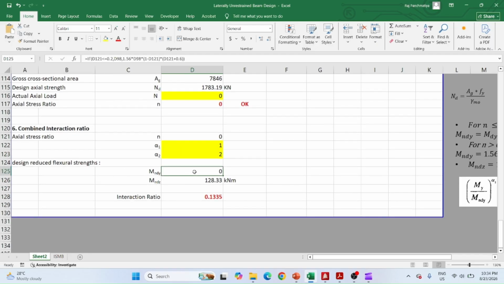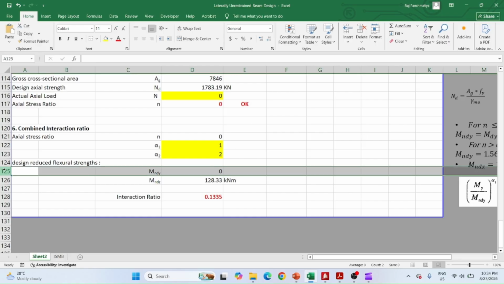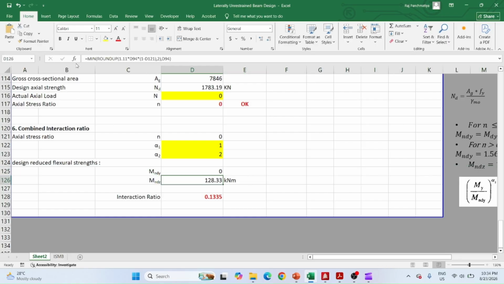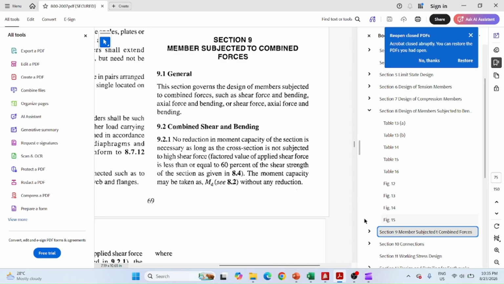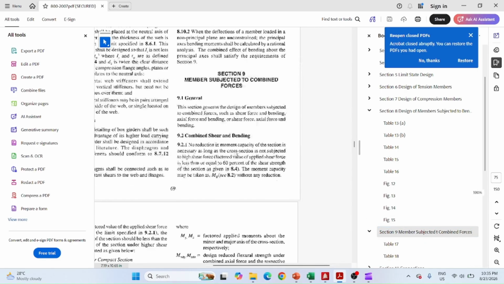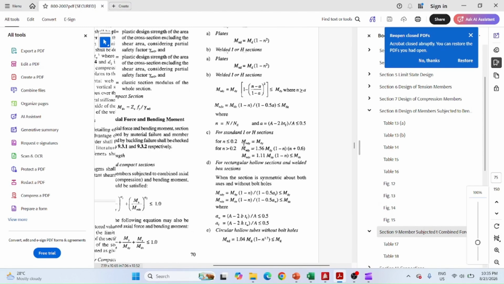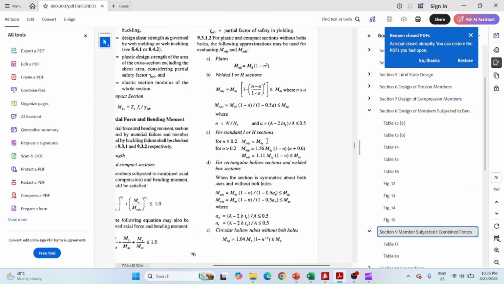So based on this, we can calculate the value of Mndy and Mndz. So the value of Mndy will be coming out to be 0, since we don't have any minor axis bending moment, okay, and the value of Mndz will be coming out as 128.33 kN meter. If you see the code, I will show you the formula for Mndy and Mndz.